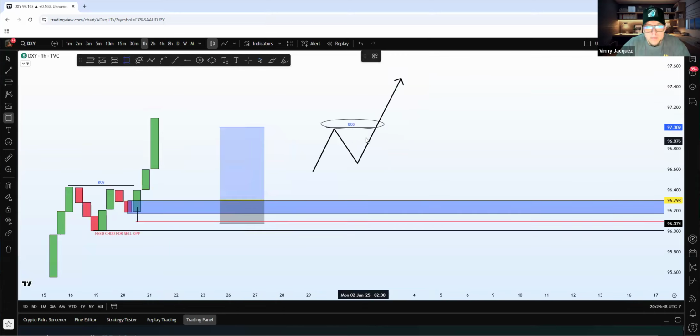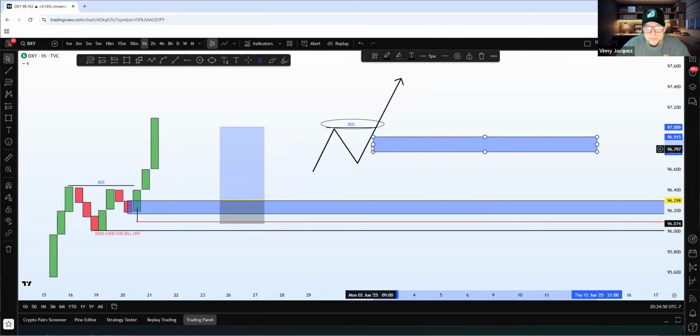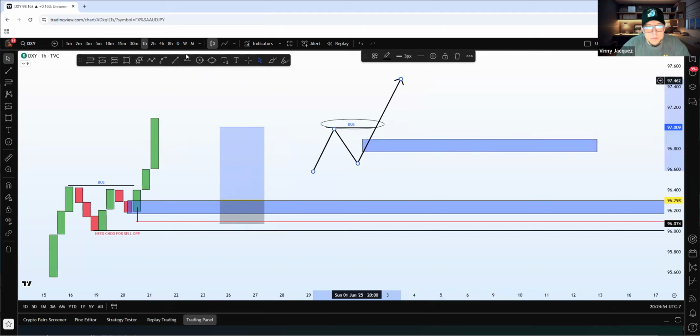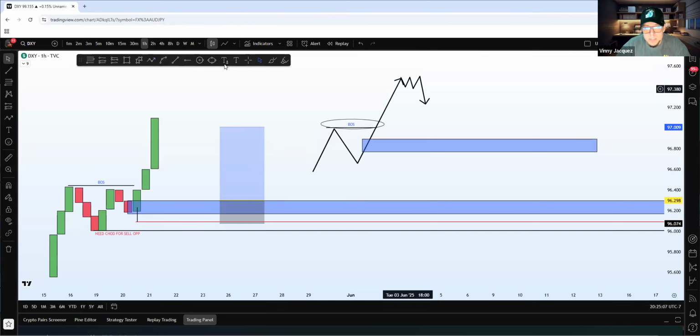So if I'm looking for buys in this area and the market starts coming down to me, when the market starts breaking structure and making its way back down to me, the market's also going to break structure to the downside. And when it does that, this is going to be a bearish BOS.